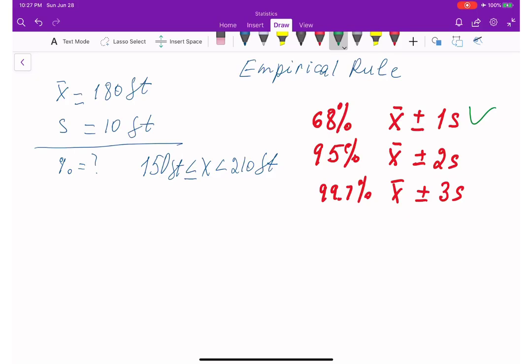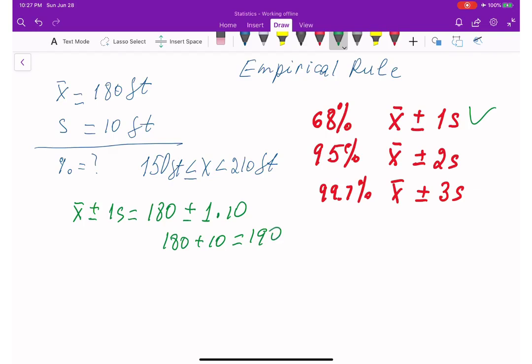X bar is 180, so x bar plus or minus 1s is 180 plus or minus 1 times the standard deviation of 10, which means 180 plus 10 is 190, and 180 minus 10 is 170.